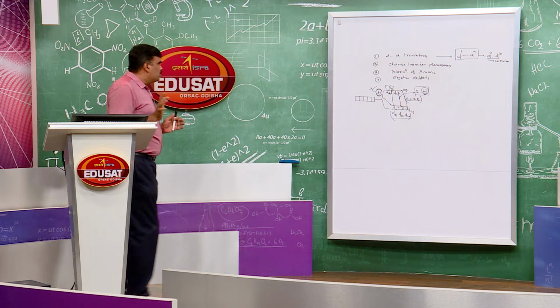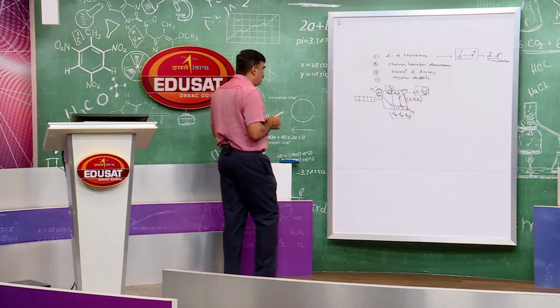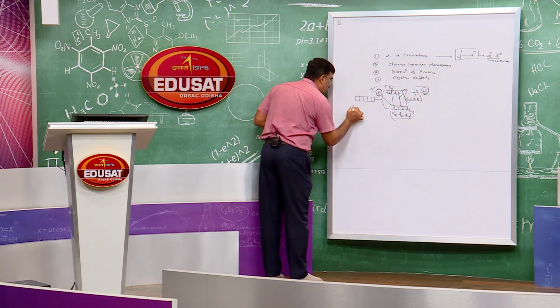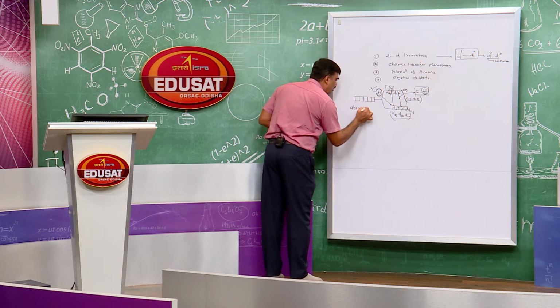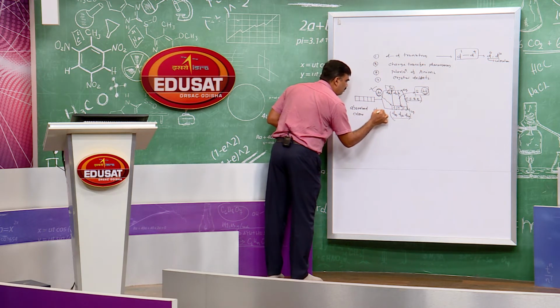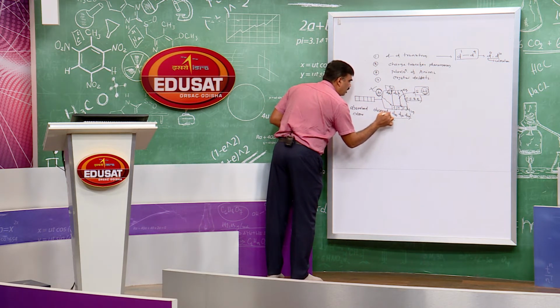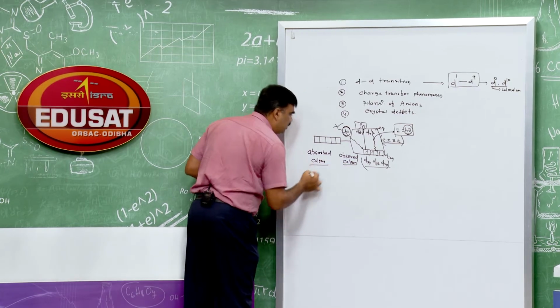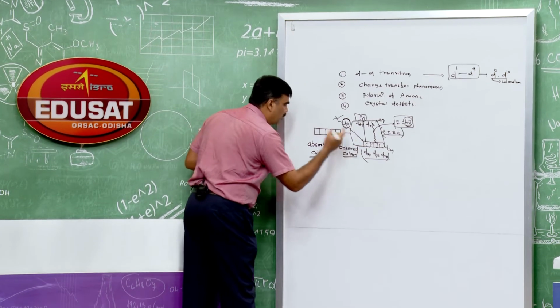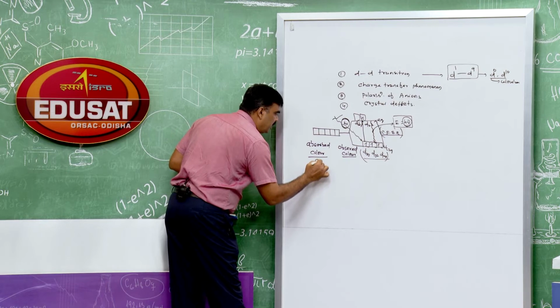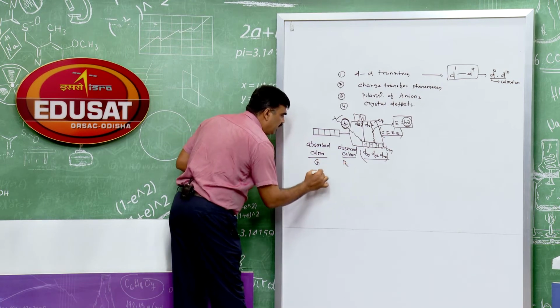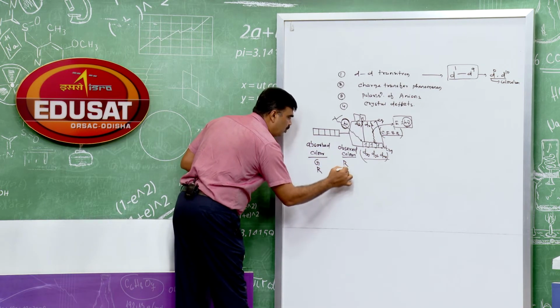So, here you see the absorbed color and the observed color, which means the complementary color: which color is observed and which color it will look. When it absorbs green color, it looks red. If it absorbs red color, it will look green.